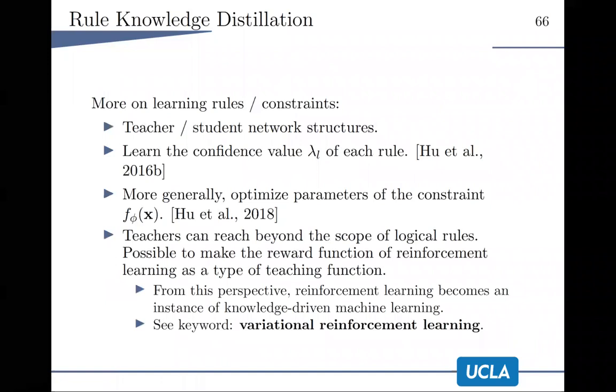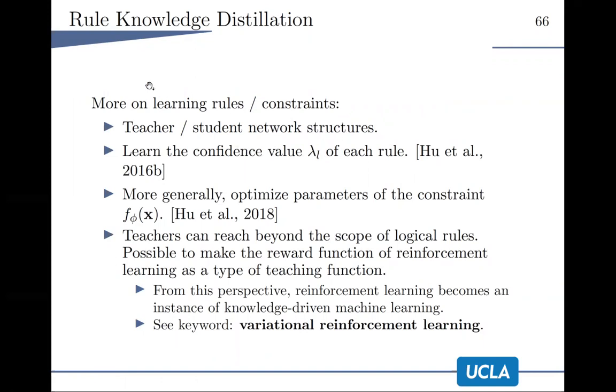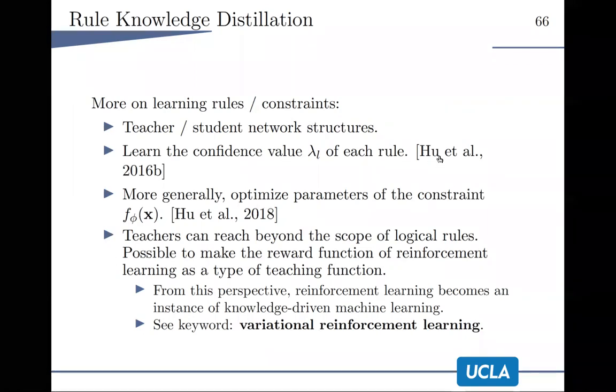And there is, of course, a lot more to do. For example, people could work on having better network structures for a teacher-student network framework, if we stick to the knowledge distillation idea. And of course, there are ways of having better rules and also learning the confidence value of each rule better. There is a related paper on this, e.g. Kai 16.